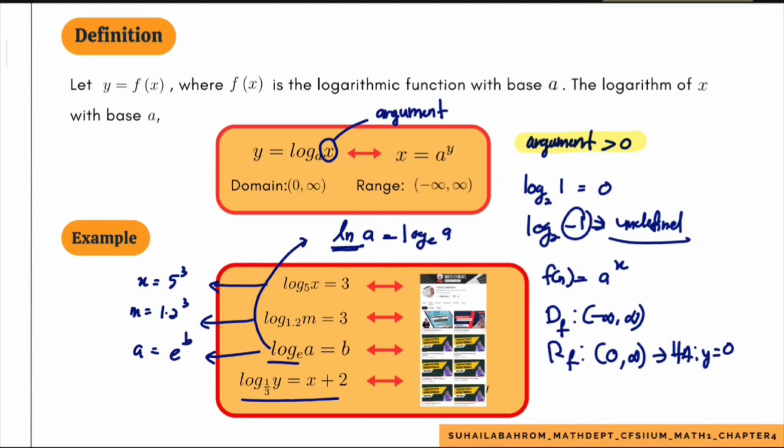And for the last one, when you rewrite it in terms of exponent, we can put this one in the bracket. Therefore, y is equivalent to 1 over 3 power of x plus 2. So our power or exponent here is x plus 2, or we can also write it as the bracket 1 over 3 power of x plus 2.